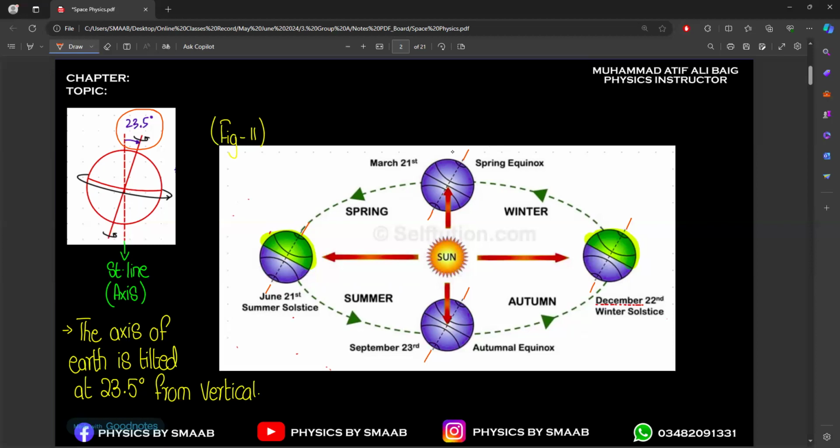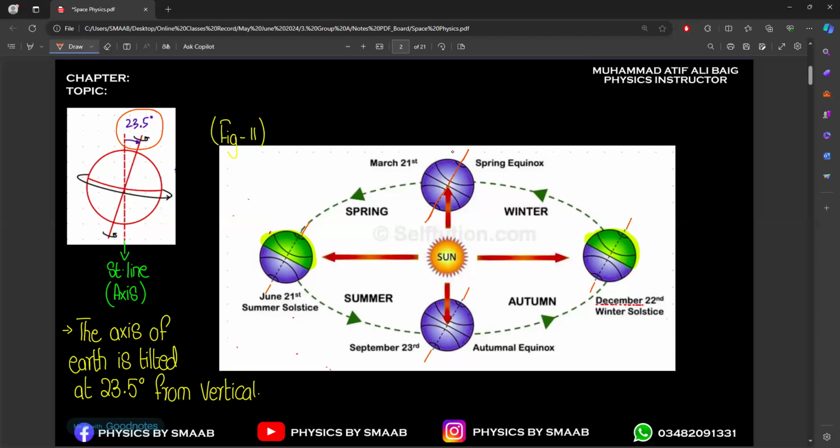So on March 21st, you can see that this is your axis of the earth. And according to this axis, half of the earth is facing towards the sun. Okay. And the opposite side is not facing the sun. So half of the earth is facing the sun, but half of the earth is not.